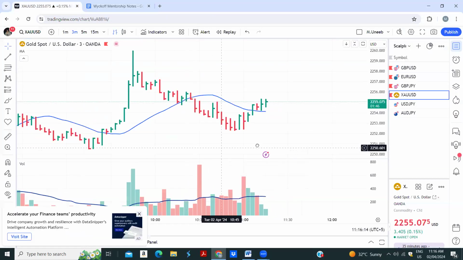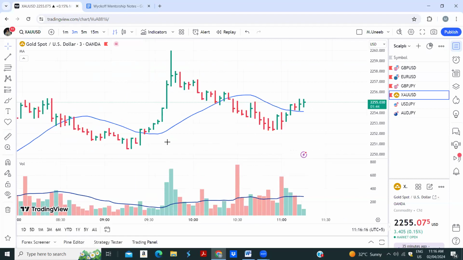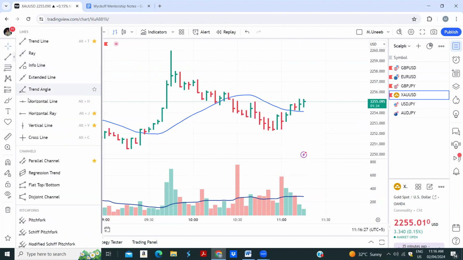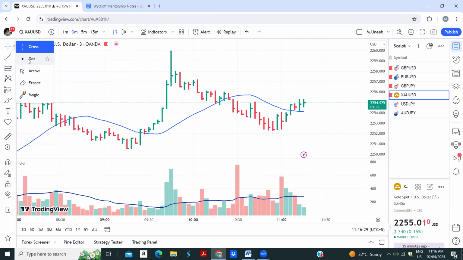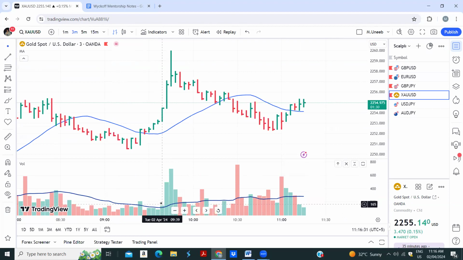And let me show you on the charts here. You can see that we have a small volume right over here, and we have a small price result, the small price movement.